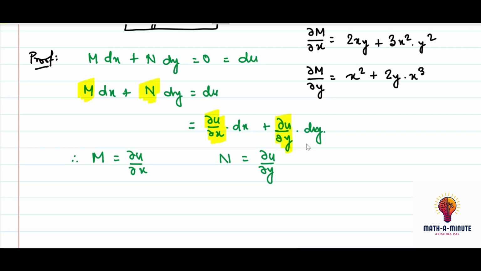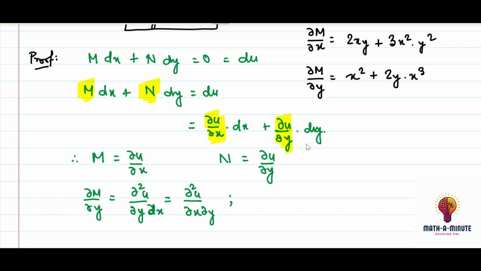So now if we differentiate M with respect to y, it will be del M del y equals del 2u del y del x. And since u is a continuous function, for a continuous function these two mixed derivatives will be the same. So instead of del 2u del y del x, we can write del 2u del x del y.